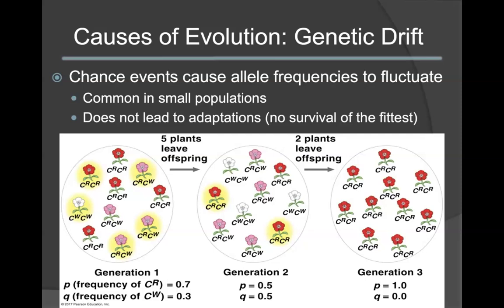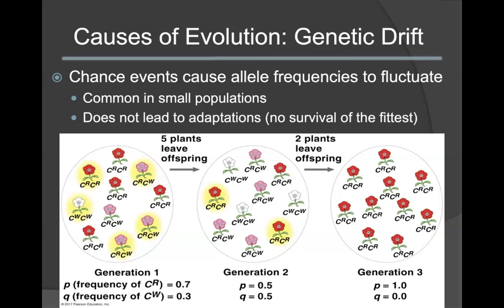Now let's consider that there was some other chance event that eliminated most of the population. However, it left 2 of the red flowers to produce offspring. In this instance, for our generation 3, we would see that our P allele frequency would have increased to 1.0 and our Q would have decreased to 0.0.